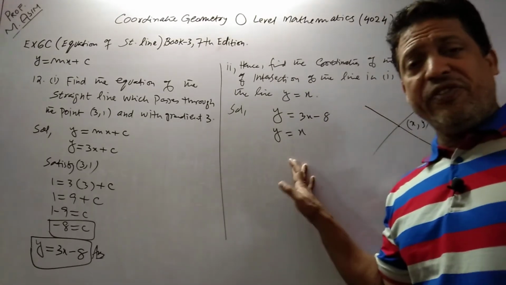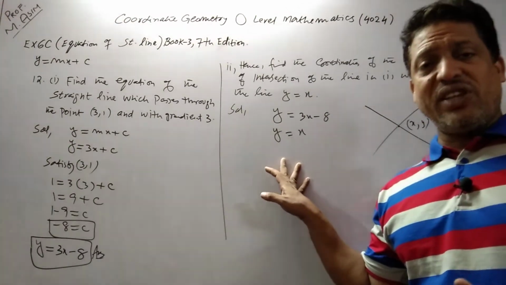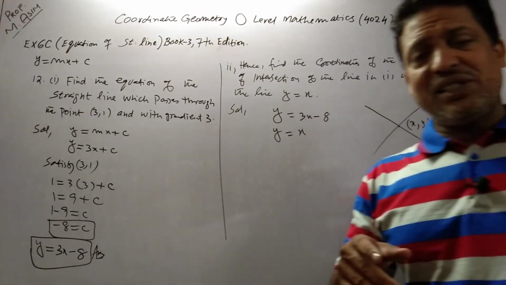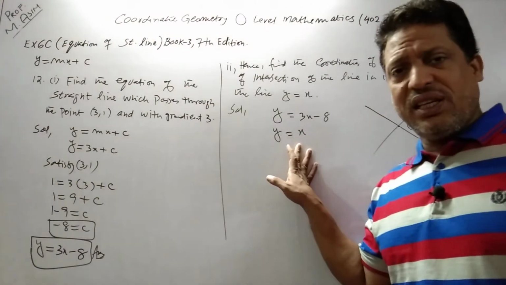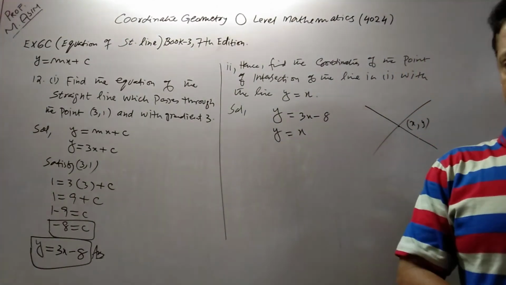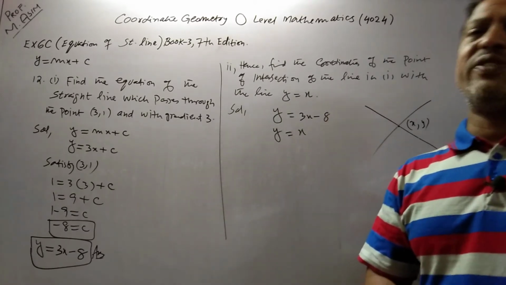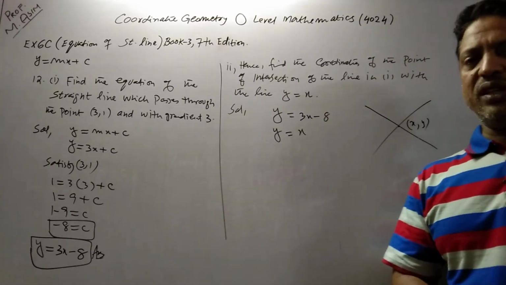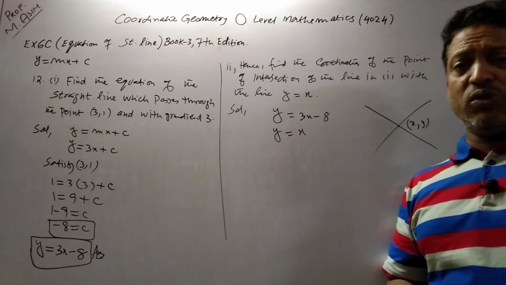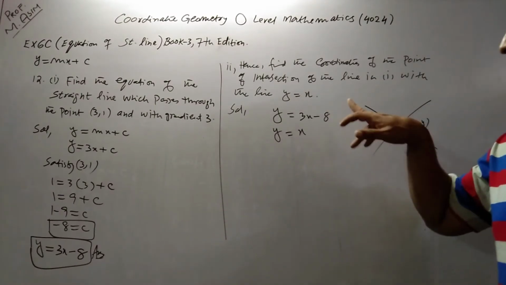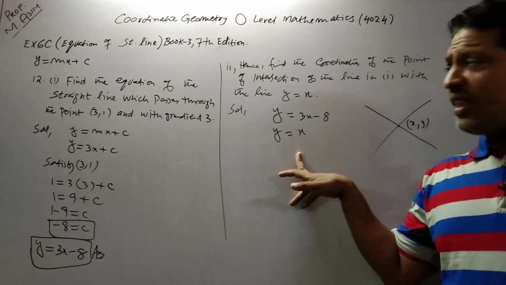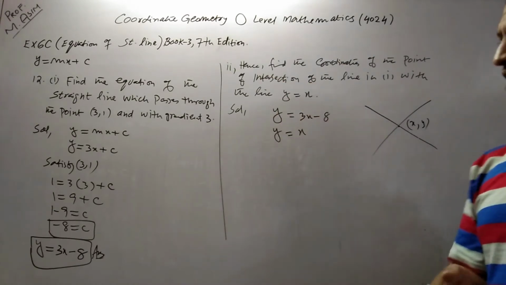If you feel any difficulty, go to my channel. In my playlist there are lectures on simultaneous equations. Both methods are given, the method of elimination as well as the method of substitution. Kindly go to my channel and see. In O-level mathematics, the topic is simultaneous equations.